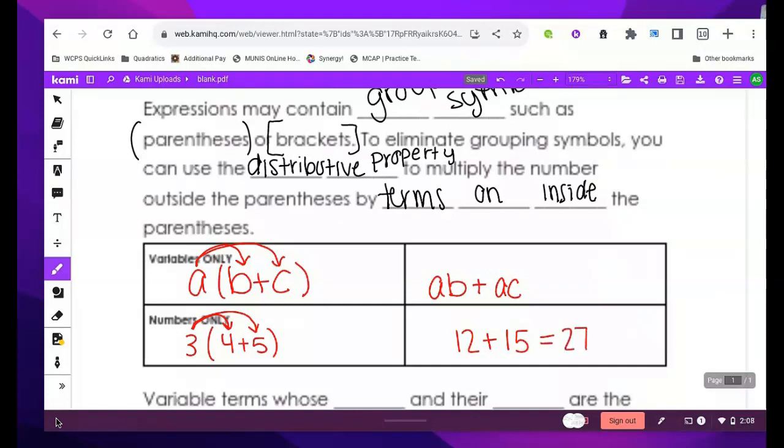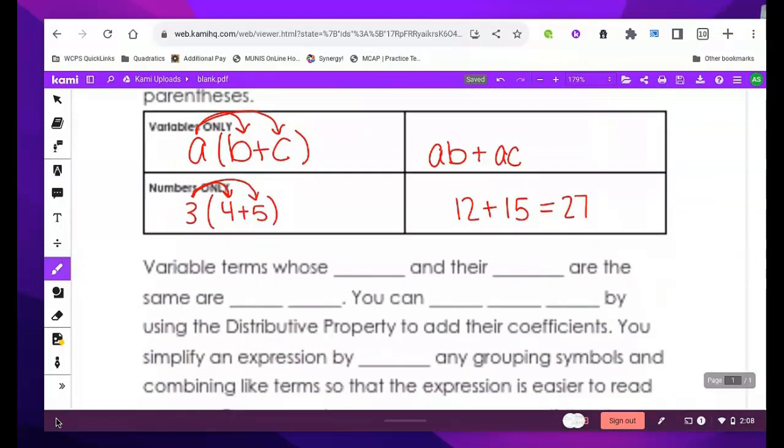So remember, variable terms whose variable and their exponents are the same, those are called like terms. If they have the same variable and the same exponent, they are considered like terms.